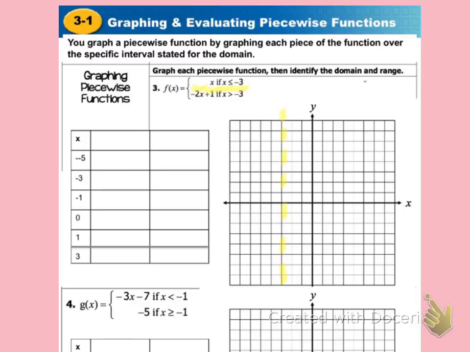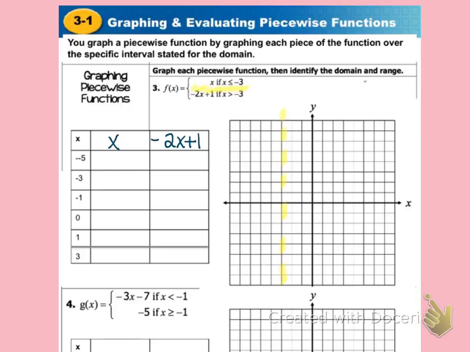Notice this table has a column for x values. Usually we have an x and a y column, but since we have 2 different outputs, we're going to use the first column for the first piece, f of x equals x. We're going to graph that one, and then the other one would be -2x plus 1.